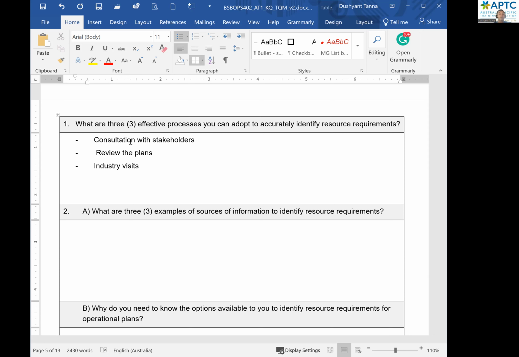If I need to buy a car, can you just review on Google and buy an expensive car? Or would you do some research on it? Which car is good? Is it manual? Is it automatic? Is it 5-seater? Is it 3-door? Is it 5-door? What's the fuel economy? So industry visit: you go and test drive some of the cars before you buy one. You can list a lot more, but I'm just giving a hint of these 3.